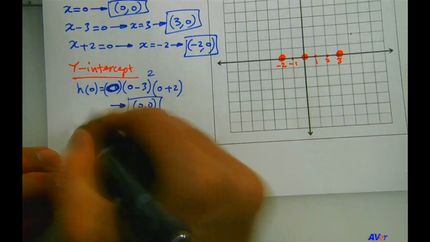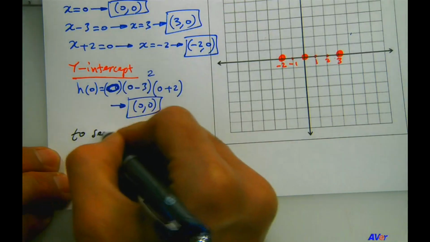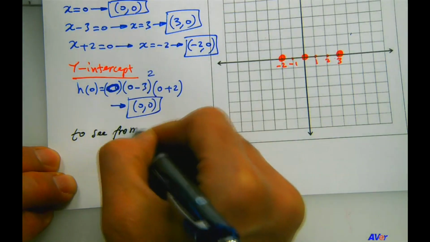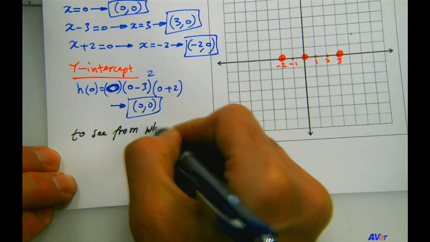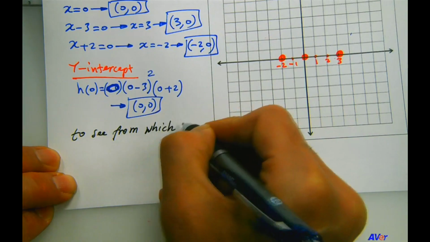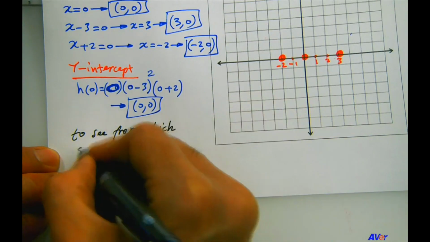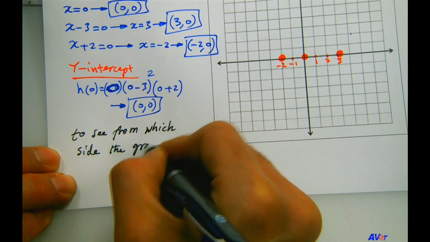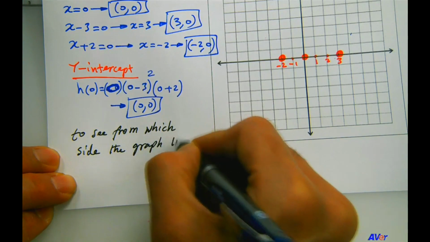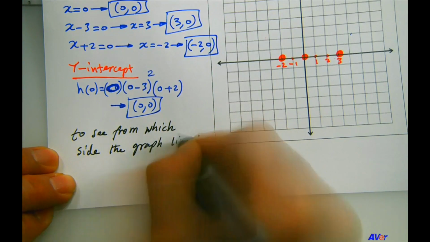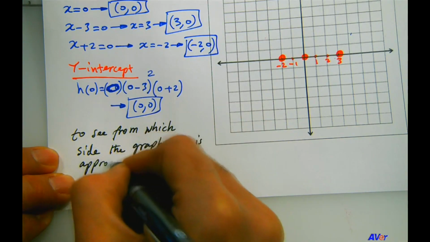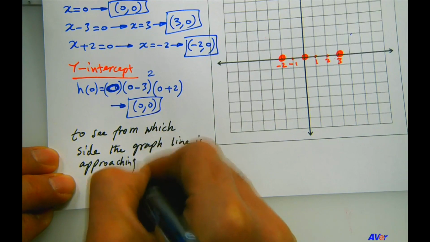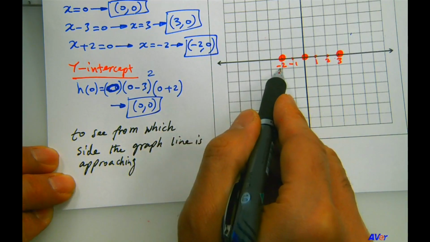So let me write this down because you should have it in your notes. To see from which side the graph line is approaching (-2, 0).